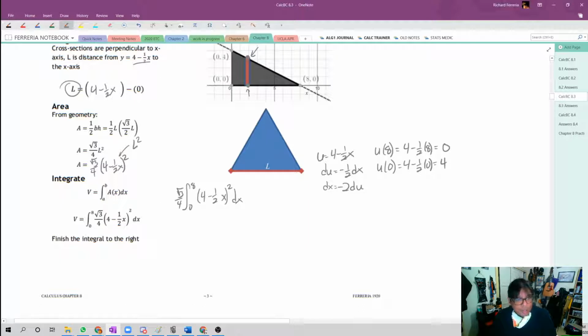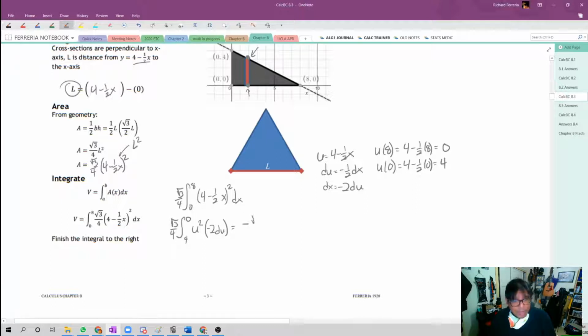So in terms of total substitution, this is going to be root 3 over 4. The lower limit is going to turn into a 4. The upper limit is going to turn into a 0. The integrand is going to become u squared, and the dx is going to become negative 2 du. Now we're going to do a couple of things here to make my life easier on the integral side. And the first thing is to factor out that negative 2.